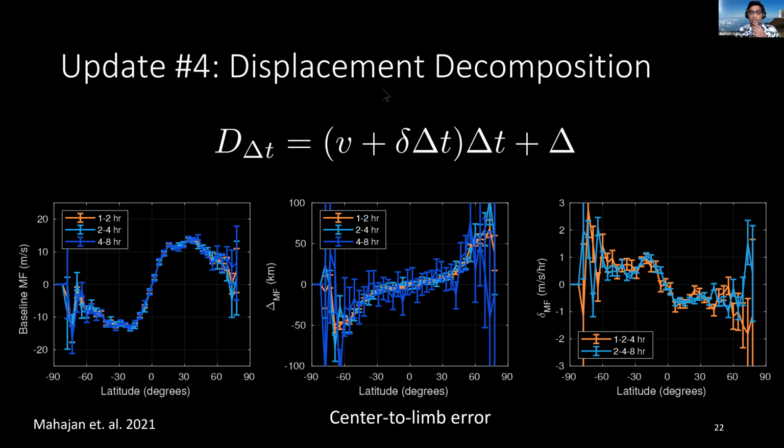So when we introduce this quadratic term, now we have three unknowns. To solve for all three unknowns, the baseline velocity, the quadratic term, and the systematic error, we needed measurements from three different time lags, which were 1, 2, 4, and 2, 4, 8 hour time lags.